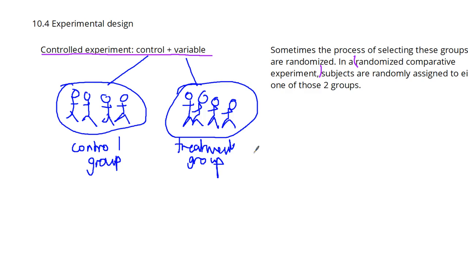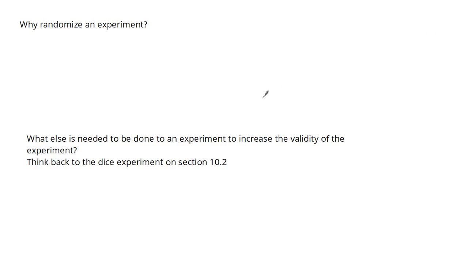Normally there are two treatment groups. Sometimes there are more than two treatment groups, so the subjects are assigned to more than two treatment groups, right? And that's just the nature of experiments. Sometimes you want to experiment with more than one thing.